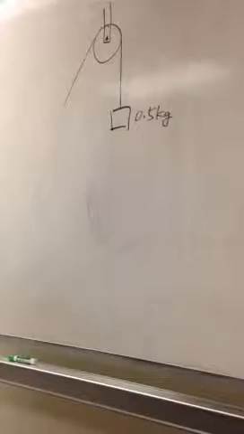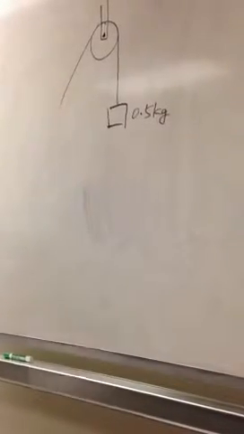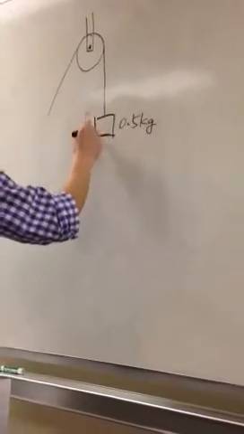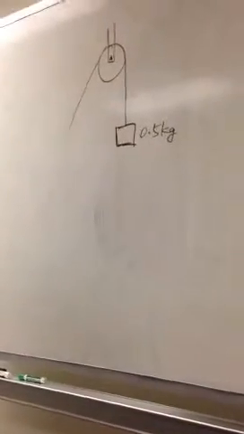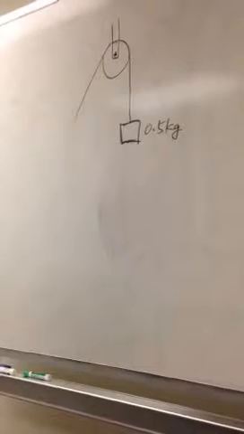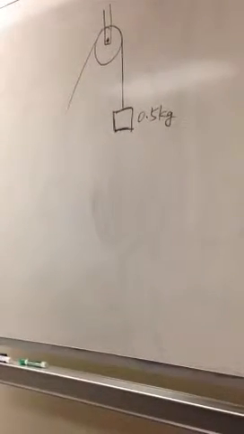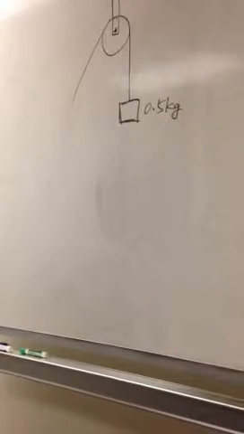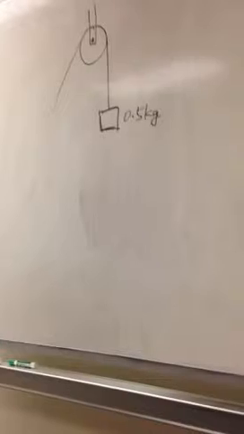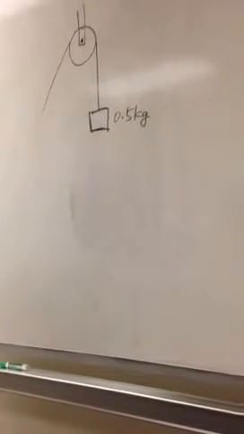With this, you're dealing with two different forces. It would be the force and the torque, because you're dealing with rotation, and one is going down and one is just rotating. So that would be sigma F equals MA, and for the pulley, because it's just rotating, it would be sigma torque equals I alpha. That would be the two equations you would do for this problem.